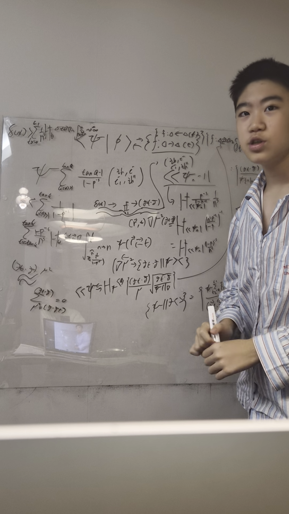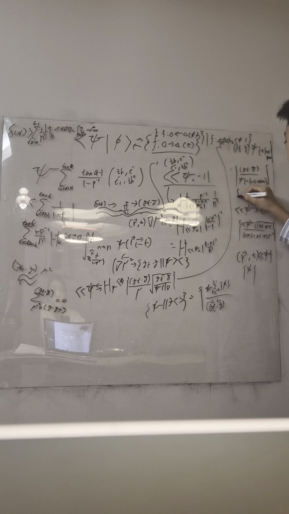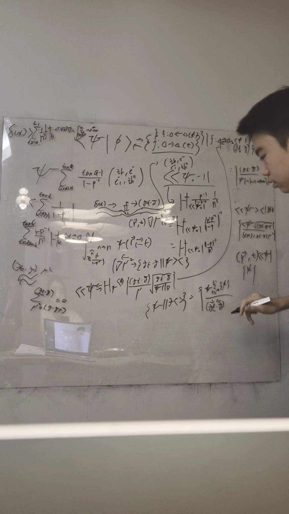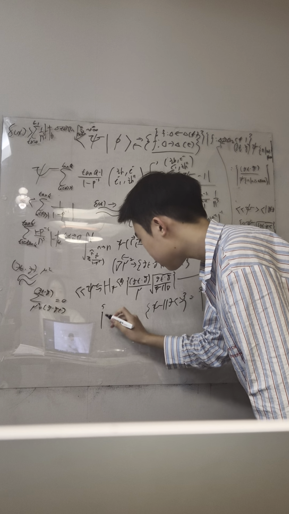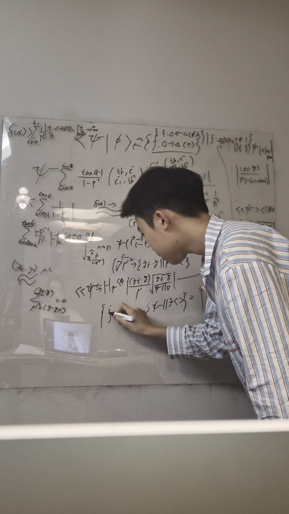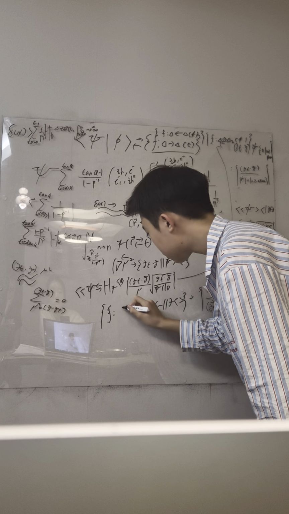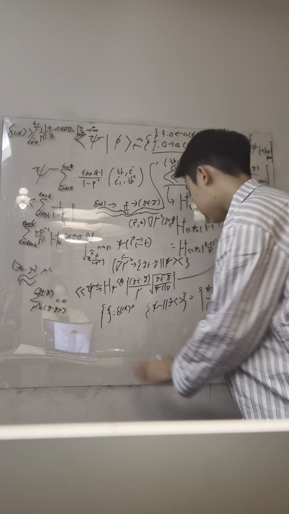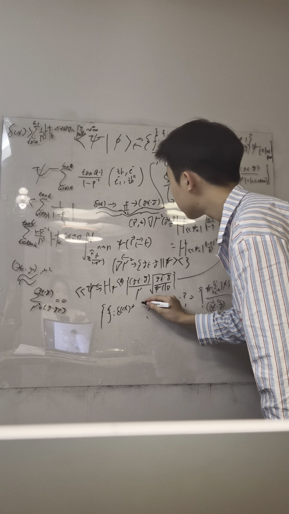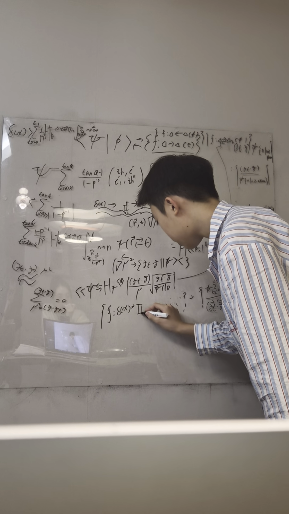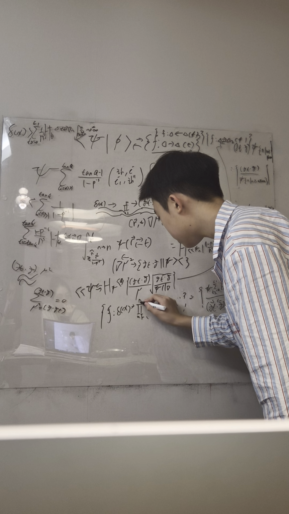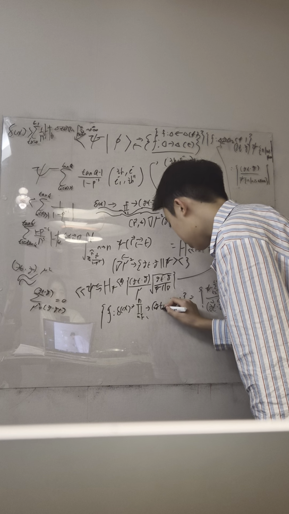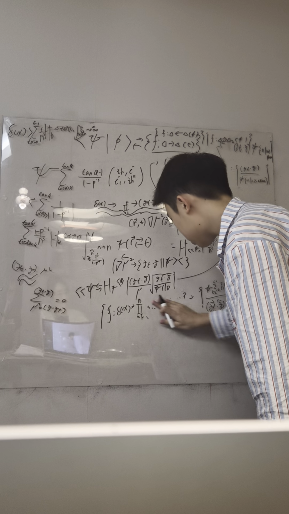So what we actually should write is this. What we actually should write is dx to pi a b p 2 d e.